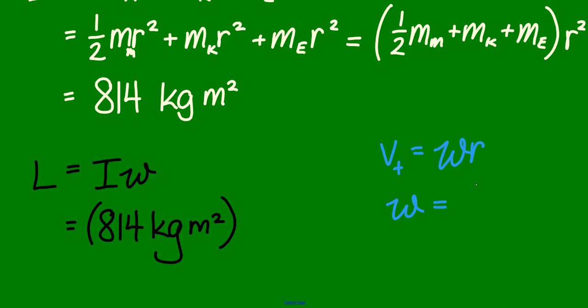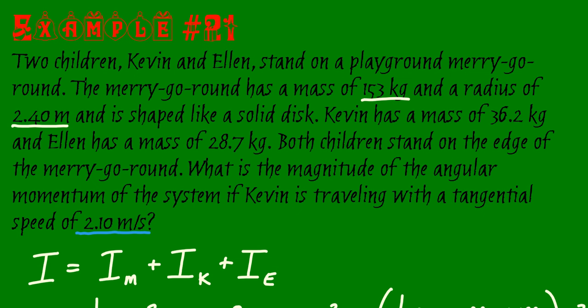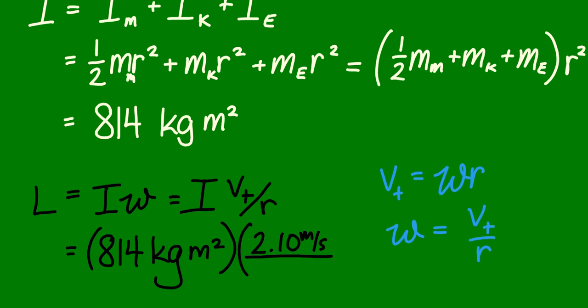So the angular speed would be the tangential speed divided by the radius. I could plug that into my equation up here so that the angular momentum is I times the tangential speed divided by the radius. So I'm told that it's 2.10 meters per second. And I divide that by the radius of the merry-go-round, which I'm told is 2.4 meters.